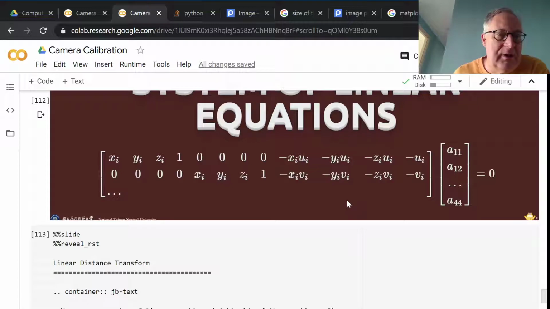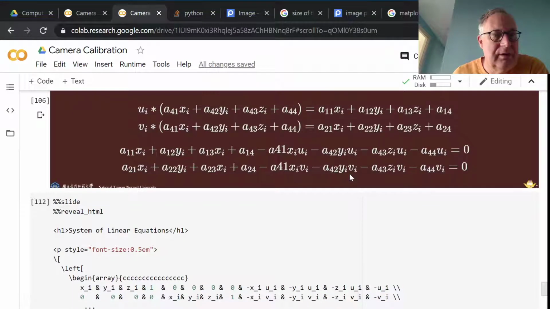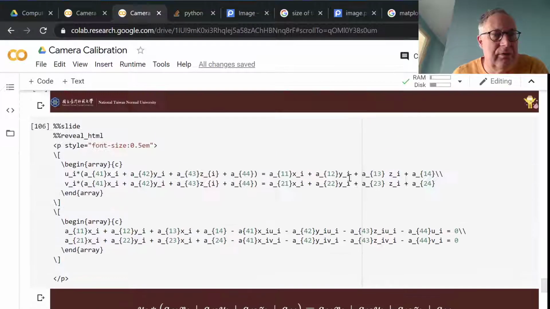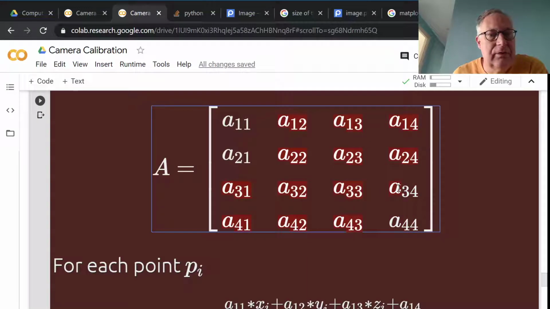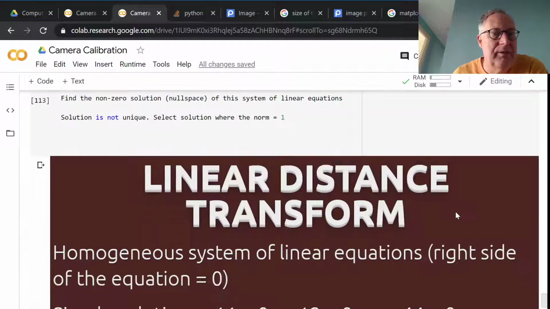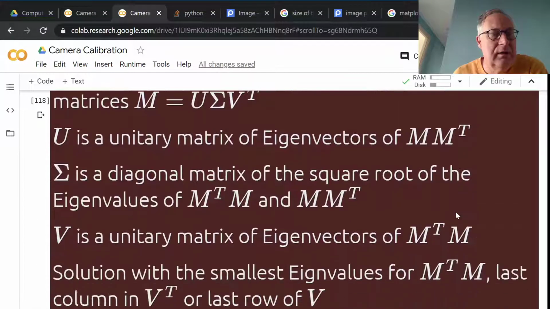There's only 12 unknowns in the system because in our transformation matrix, the third row here doesn't really matter, right? Because that will collapse to 0. So A31, A32, A33, and A34 are not important. So we can leave them out of the system of linear equations.